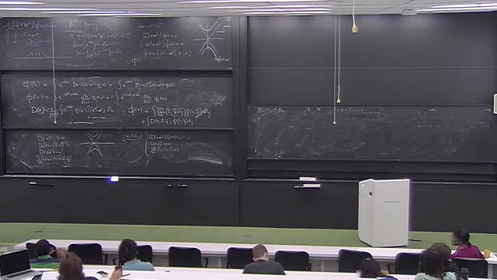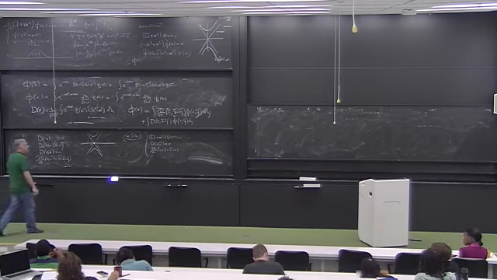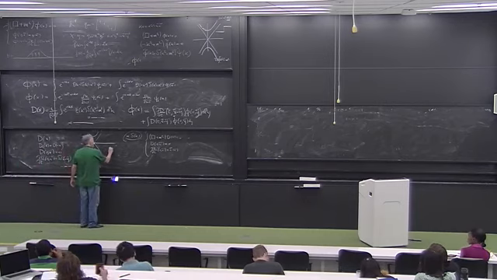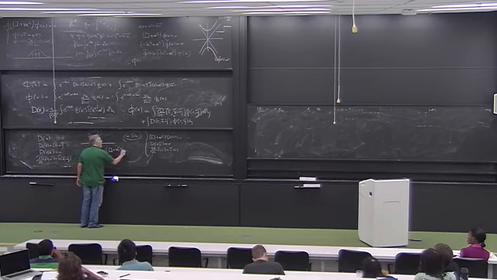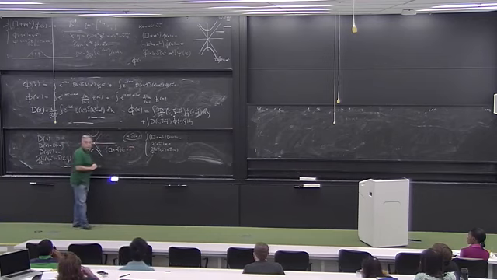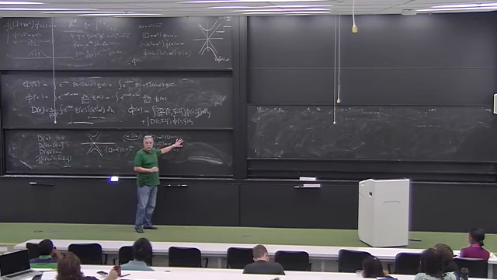Excuse me? That's also called the Green function, right? Or is it different? This is not really a Green function. What I would call a Green function, and this is the second step, is a solution of this equation. This solves the homogeneous equation.